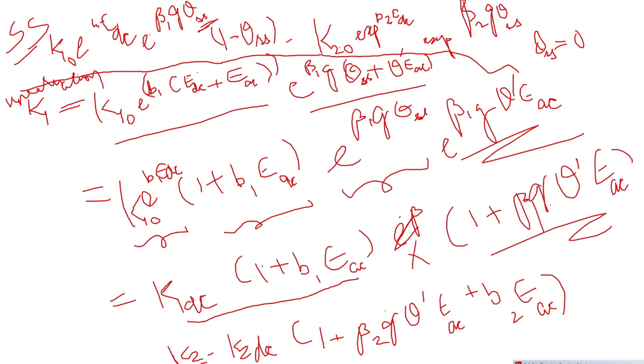What will I get? 1 plus B1 G theta dash plus B1 EAC, plus the product of this term and this term, which gives an EAC squared term. Any term with squares or higher powers of EAC is neglected, right? Similarly for K2, this will be the simplified form. Okay, I hope that is clear. So now the next aim is to find out theta dash.